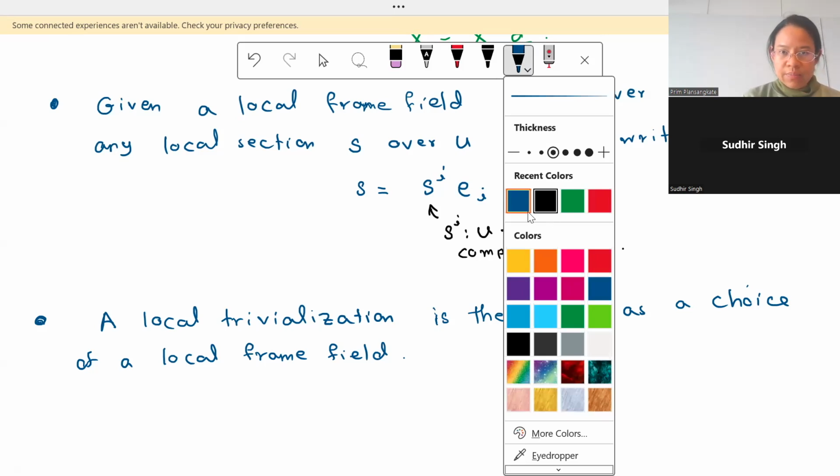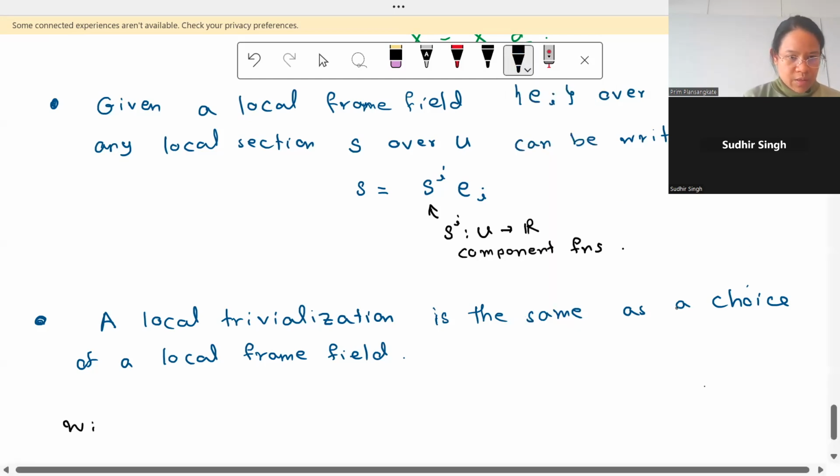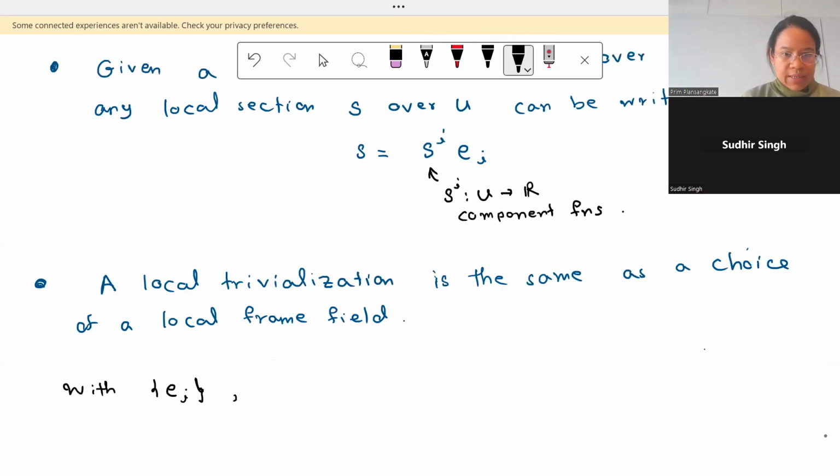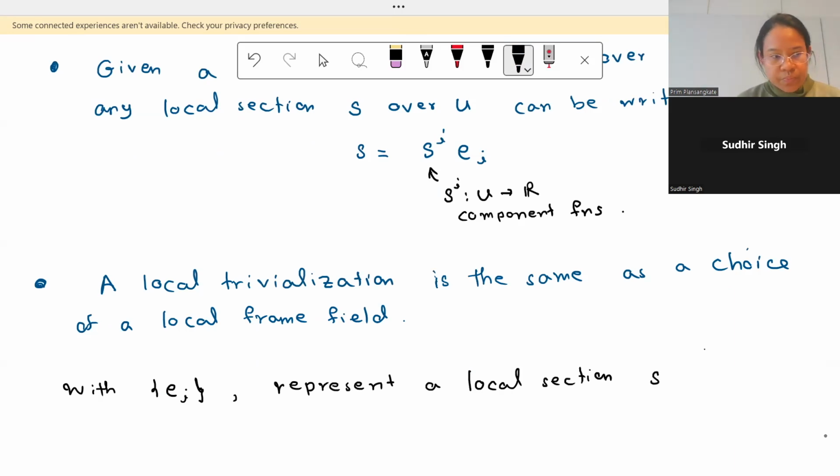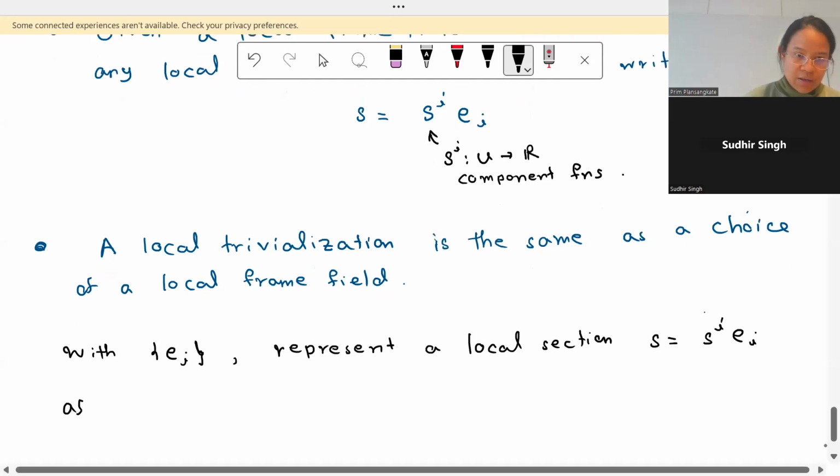So with a choice of a local frame field, we can represent a local section just by the component functions, and you can think of it as a column vector, like S^1 to S^n.